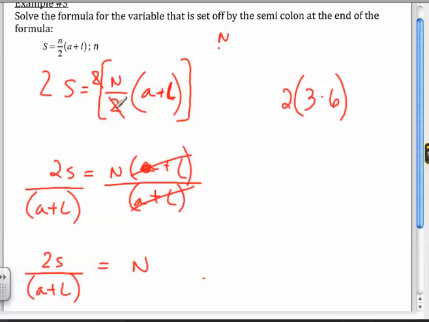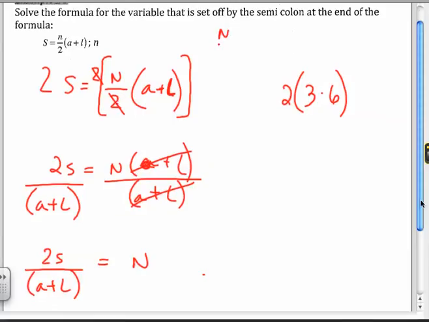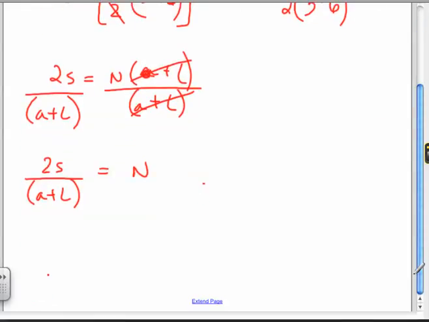All right? CB, what you got? If the problem started out as 2s over a plus L equals n, and your job was to get s by itself, right? When you distributed the 2 back on the other side, how would you know to put it under the n? Oh, I'm sorry. Yeah, let's do this. So CB is saying, what if we started here with this? How would we go back?